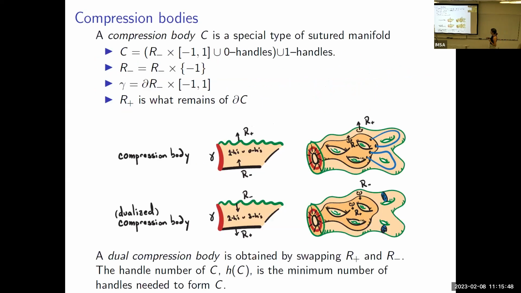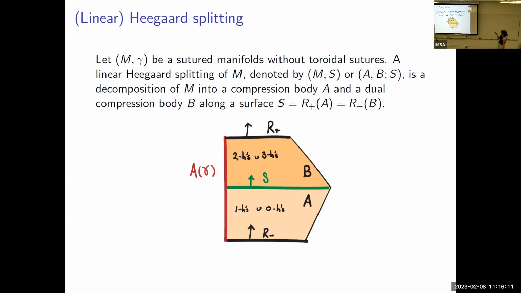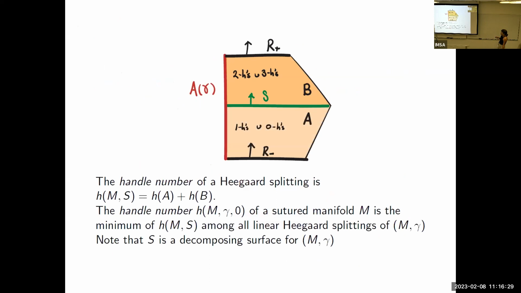Another definition is the handle number of a compression body: we count the handles needed to construct it, minimizing over constructions. The handle number of a linear Heegaard splitting is counting the handle numbers of A and B. And the handle number of the sutured manifold is given by minimizing over all possible Heegaard splittings.